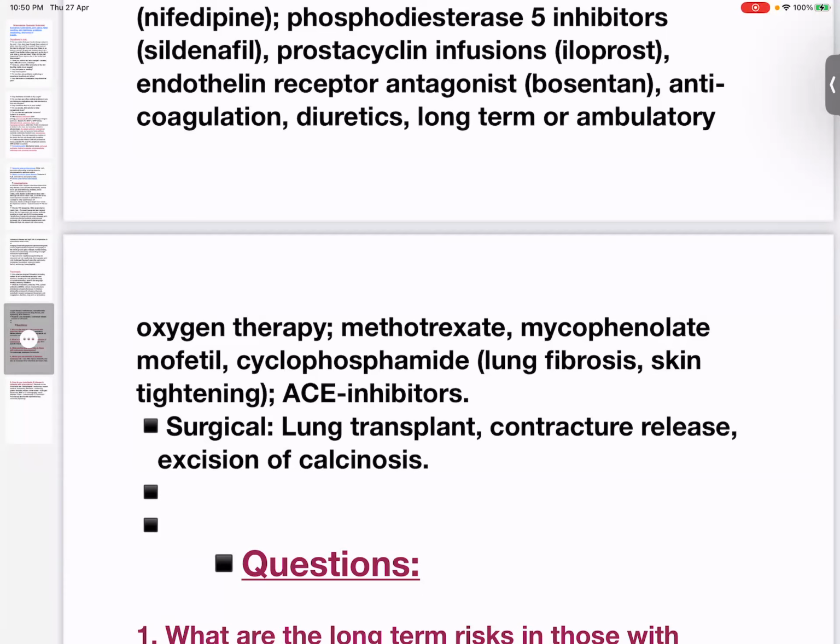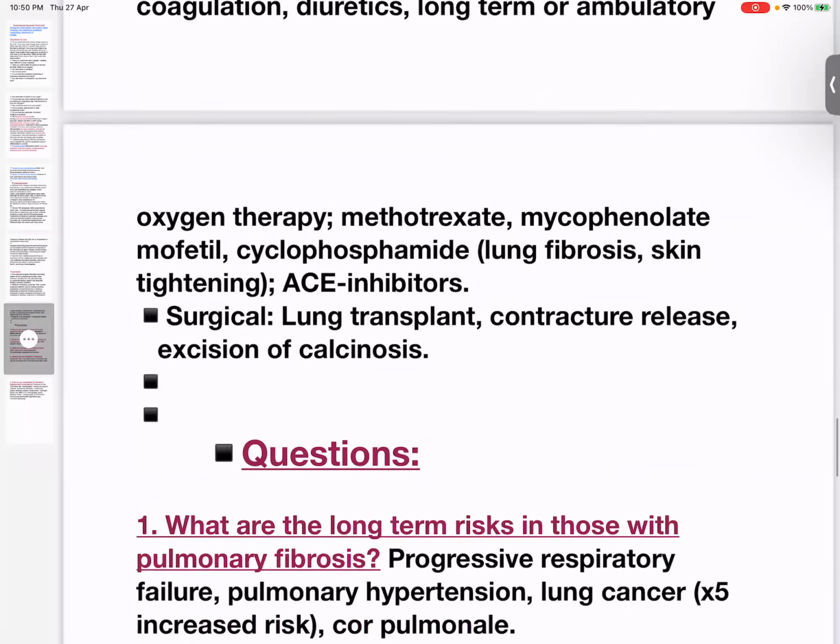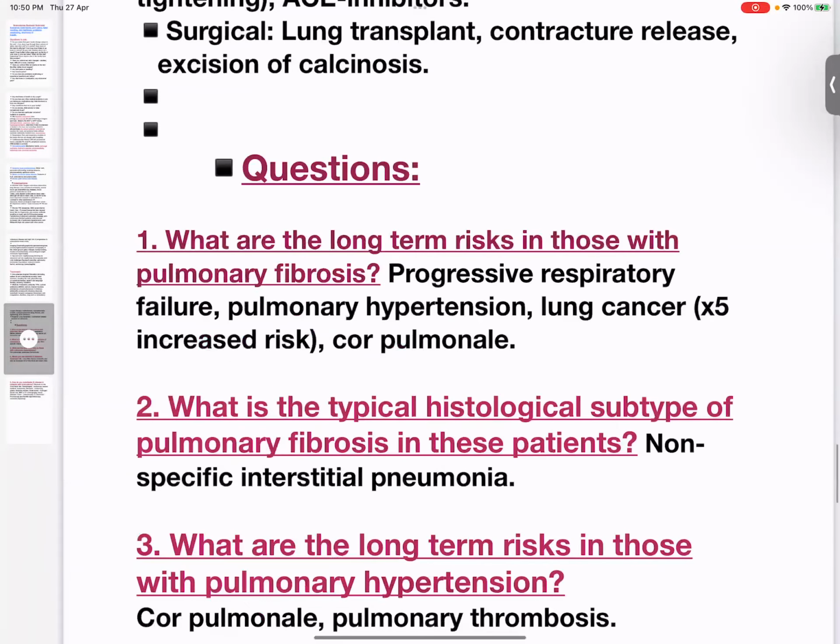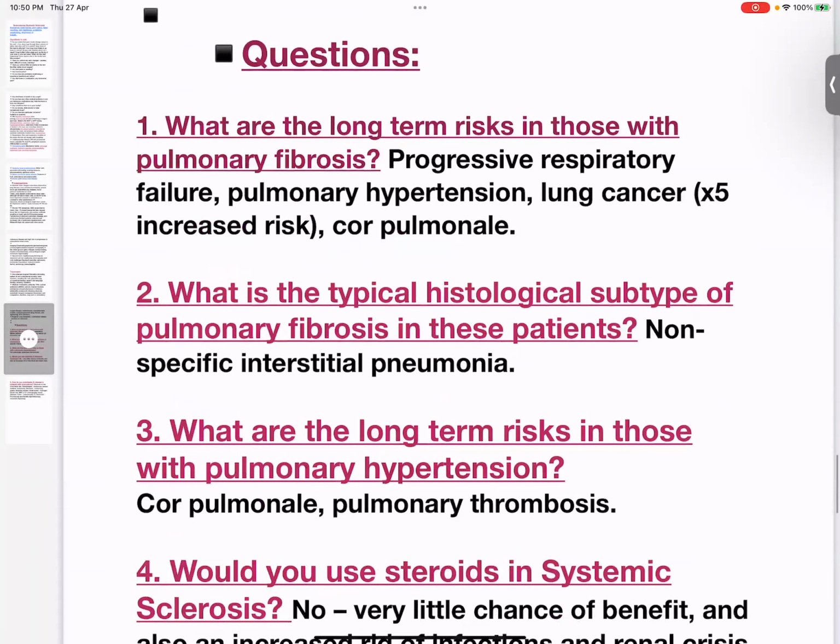You can use even ACE inhibitors. ACE inhibitors will reduce the blood pressure and give renal protection. Surgical: lung transplant, and contracture release if there is Jaccoud's arthropathy, and excision of calcinosis because it will lead to infarction of the skin.